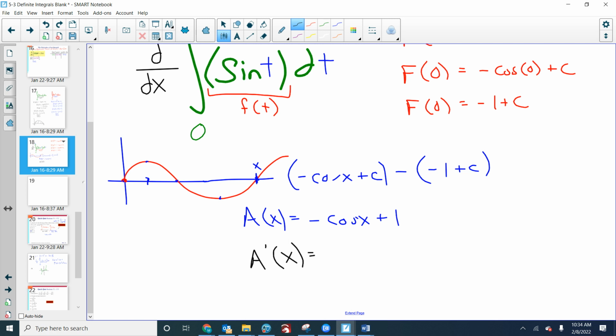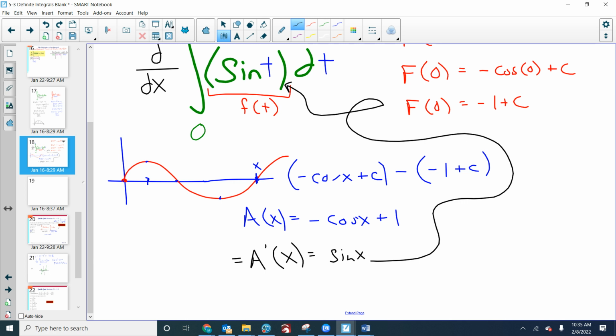Well, what's the derivative of cosine? Negative sine. So the opposite of negative sine is positive sine. So A prime of x was the same as, isn't it back to where we started? Isn't it little f of x, not t, little f of x?